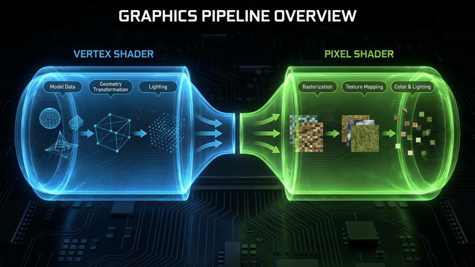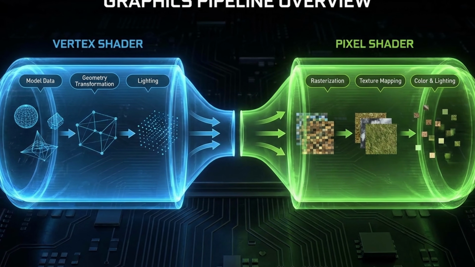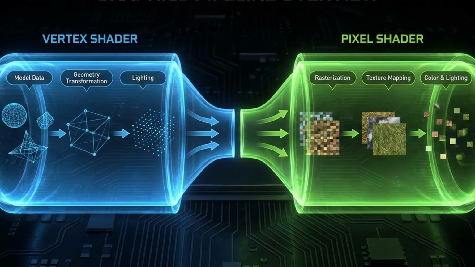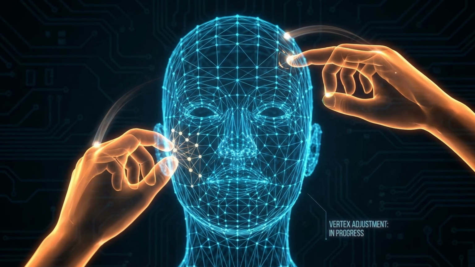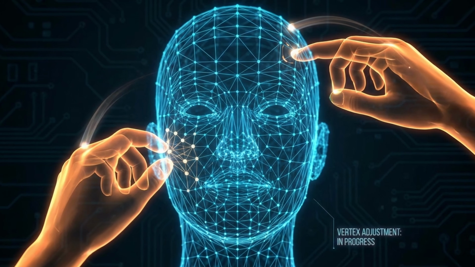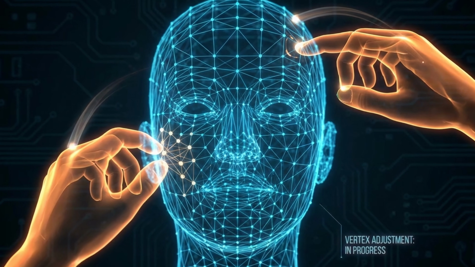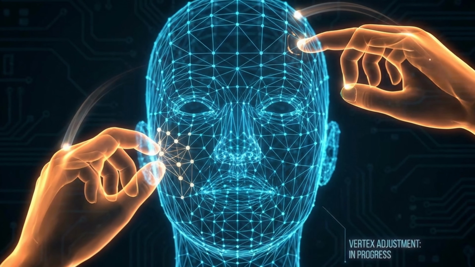This new programmability was divided into two distinct hardware stages: vertex shaders and pixel shaders. Vertex shaders allowed developers to hijack the geometry processing stage, applying complex mathematical transformations to the vertices of 3D models before they were drawn.